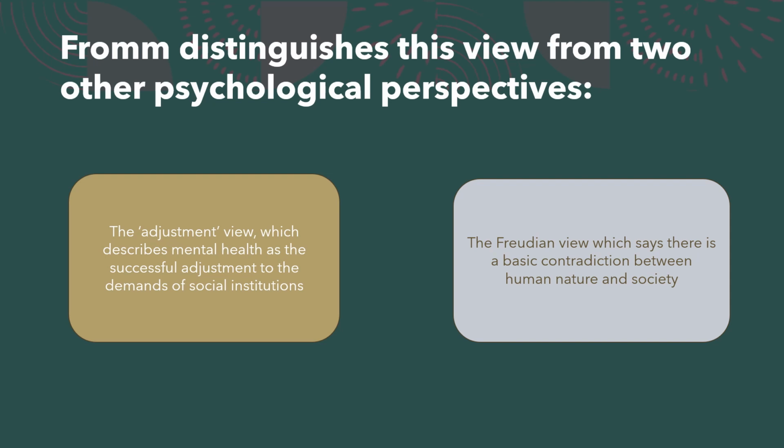So, as Fromm argues, the adjustment view, which simply talks about health in terms of adjustment to social institutions, can be pathological if social institutions are not arranged in a healthy way. So if work is more about exploitation than creativity and self-expression, individuals who work in those institutions, be they factories, offices, etc., are not going to be mentally healthy to the extent that they're not able to engage in creative and productive work.